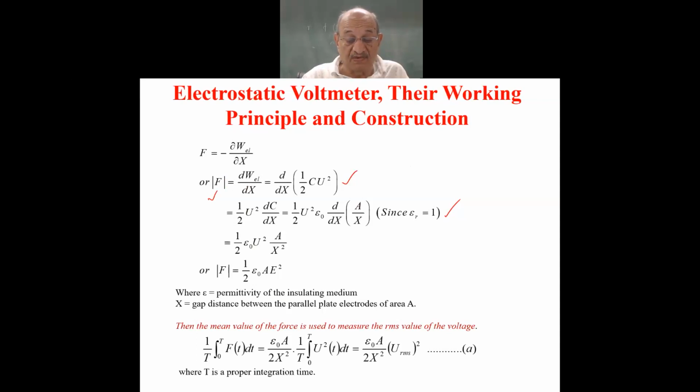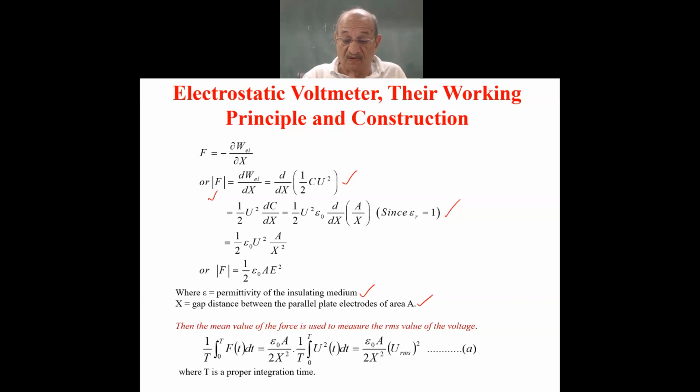So x square is the fixed gap distance according to the range, isn't it? As you see here, epsilon is the permittivity of the insulating medium, and x is the gap distance between the parallel plate electrodes having area A. The X is chosen for the required range of measurement.